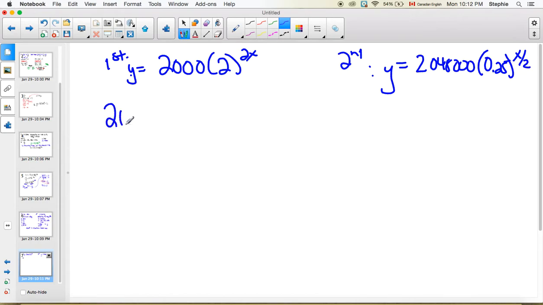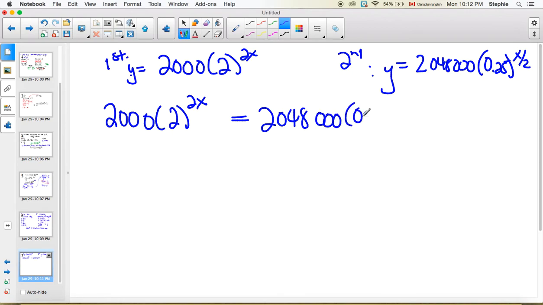This is where it gets all fancy because we're going to be doing logs. And this is probably the most interesting type of question that you will get on the exam as well. All right, I see a 2,000, I see a 2,048,000.